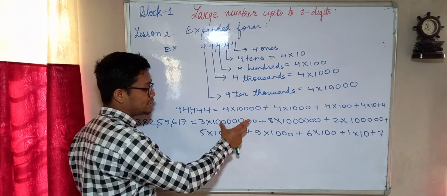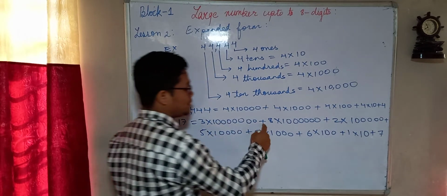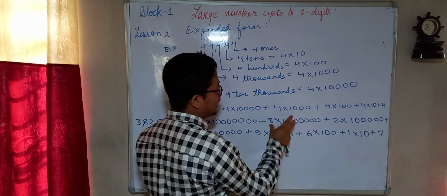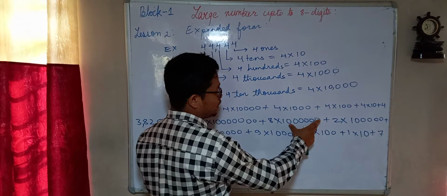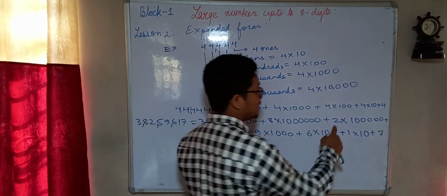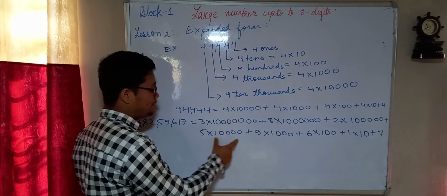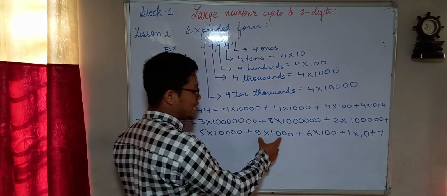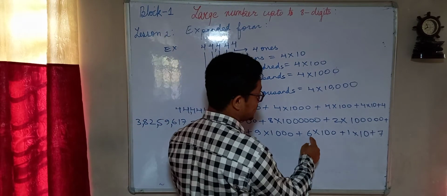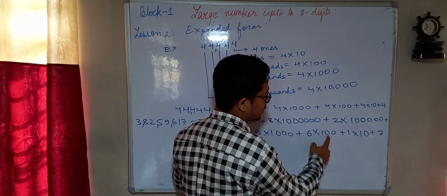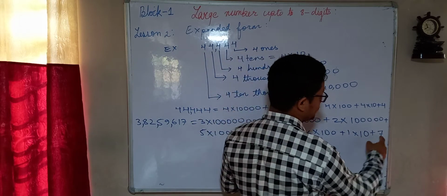Then 3 times 1 crore plus 8 times 10 lakh, and 2 times 1 lakh plus 5 times 10,000 plus 9 times 1000 plus 6 times 100 and 1 times 10 plus 7.